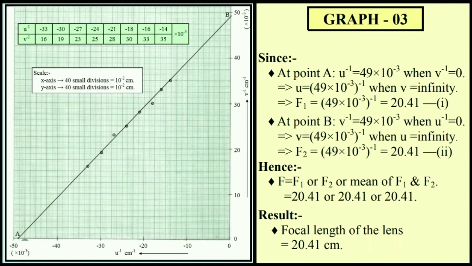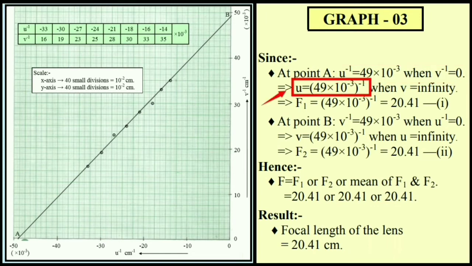The graph is a straight line which meets x-axis at the point A and meets y-axis at the point B. At the point A on x-axis, the value of 1 by u is 49 into 10 to the power minus 3, and here on x-axis the value of 1 by v is 0.